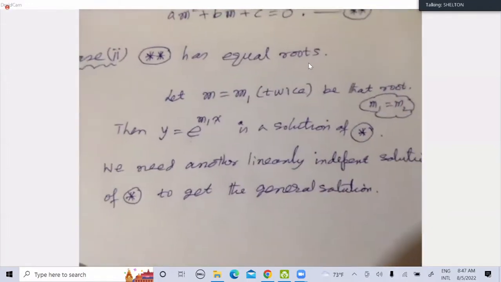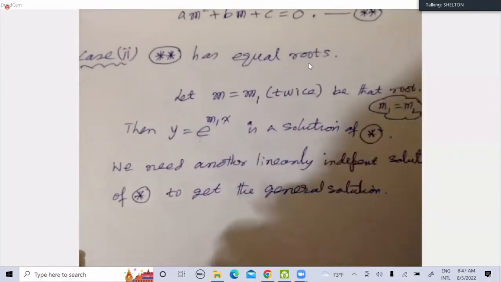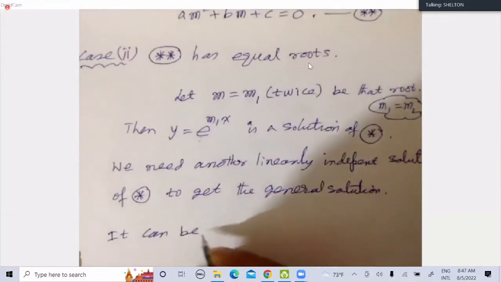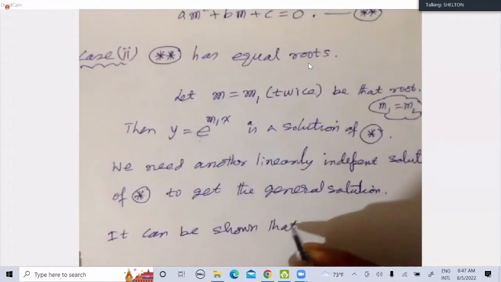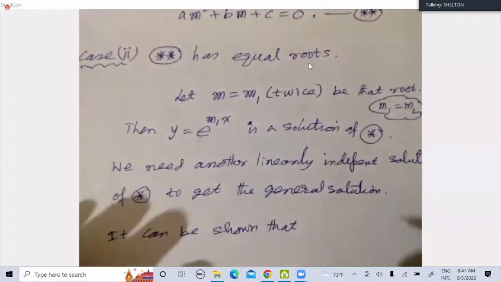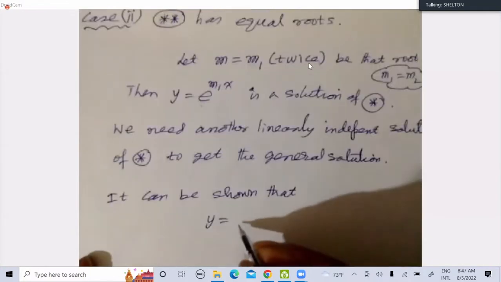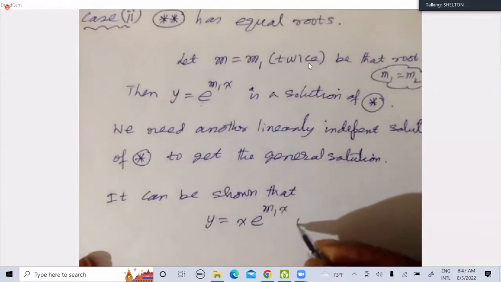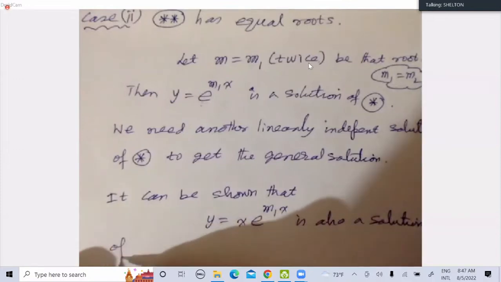Now you have to believe me here, and I will tell you the procedure to do it. It can be shown that y equals x times e to the m1x is also a solution of star.